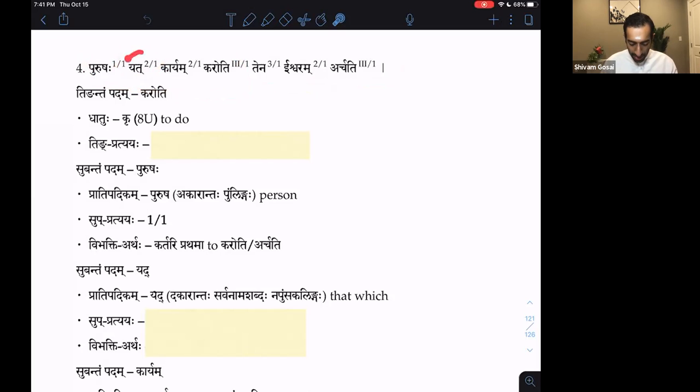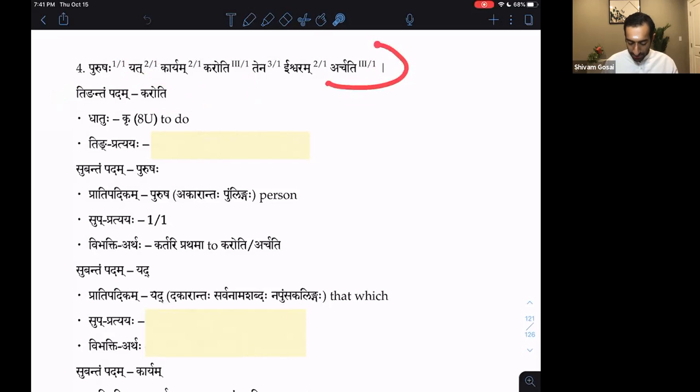Now, the yad clause gives more information about what this tad is. So let's look at our, I know here they start with the yad clause, but let's actually start with the tad clause. Okay, that's our main clause.